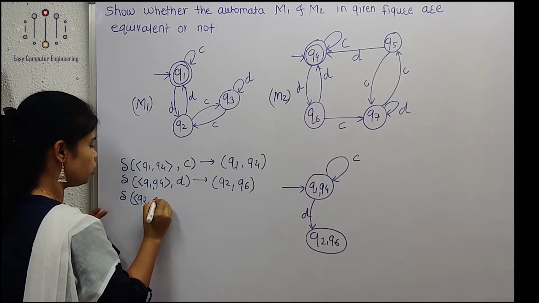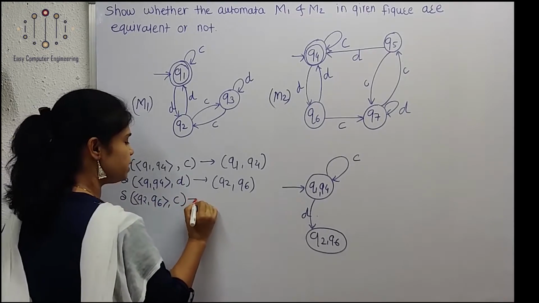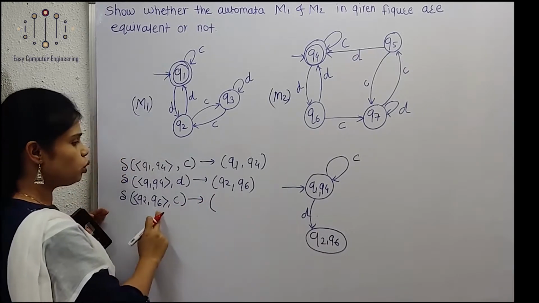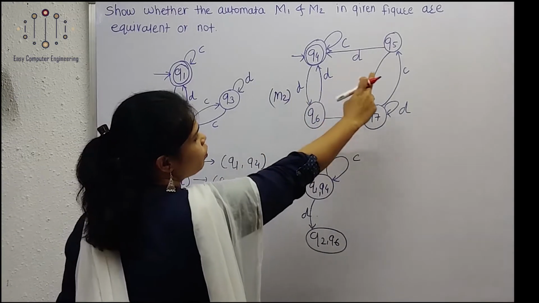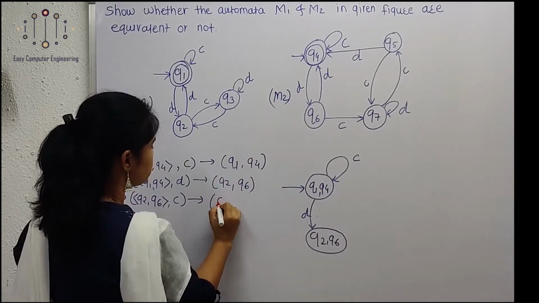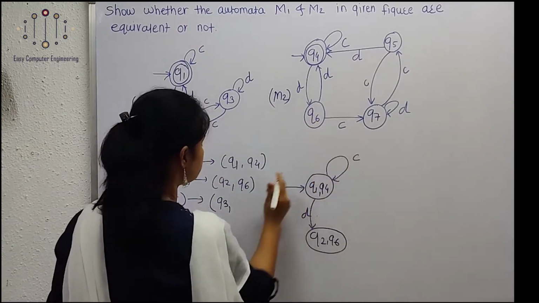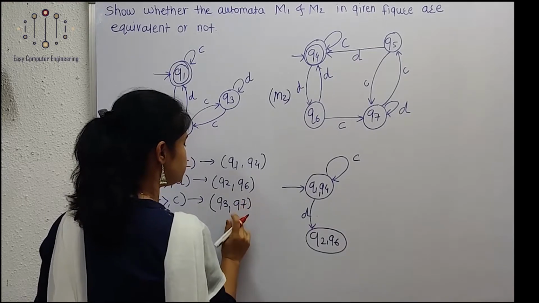Now for Q2, Q6 we have to show transitions. On the C transition, from Q2 on C it is Q3, and from Q6 on C it is Q7, so a new state is generated.